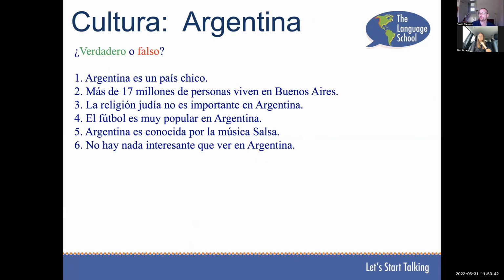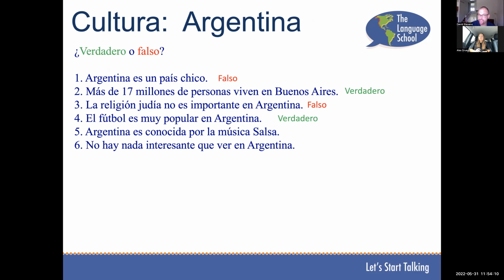¿Verdadero o falso? Argentina es un país chico. Falso. Más de 17 millones de personas viven en Buenos Aires. Verdadero. La religión judía no es importante en Argentina. Falso. El fútbol es muy popular en Argentina.